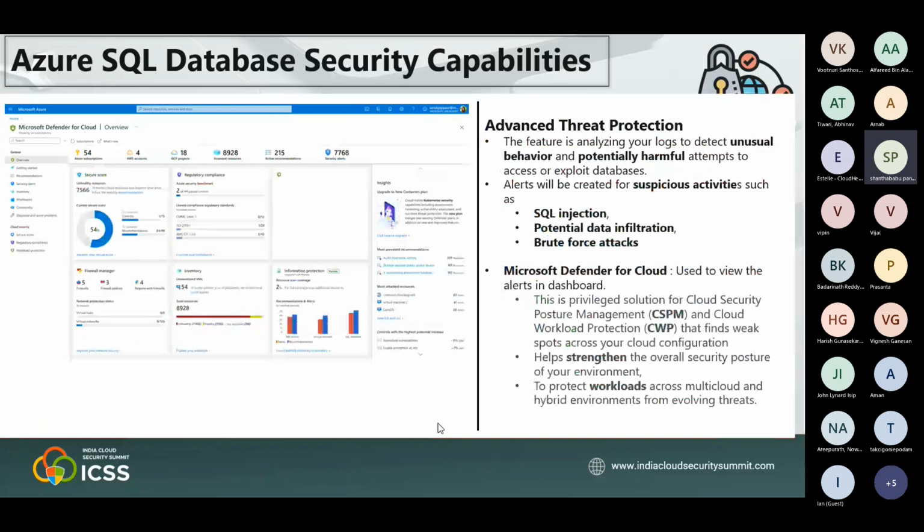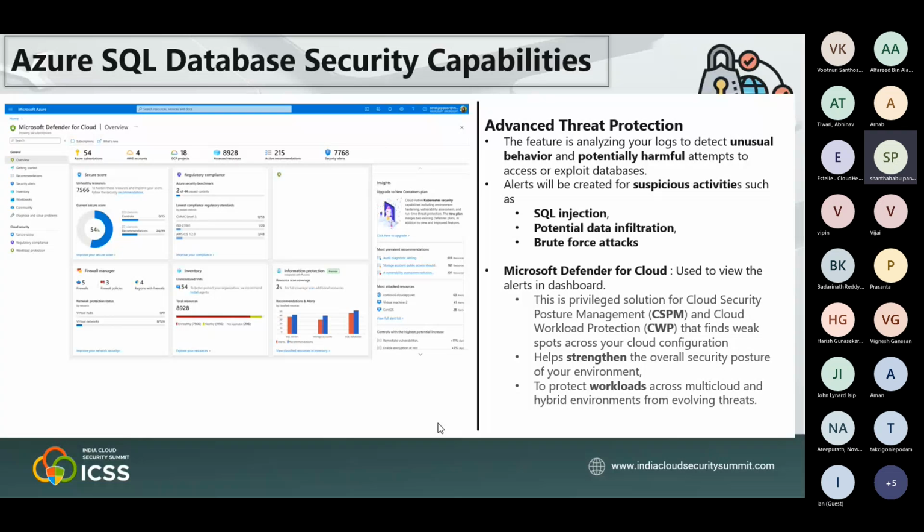And one step further, we have Microsoft Defender for Cloud. This is specifically for CSPM, that is cloud security posture management, and then cloud workload protection, how much load we are handling, and the cloud security posture management point of view.